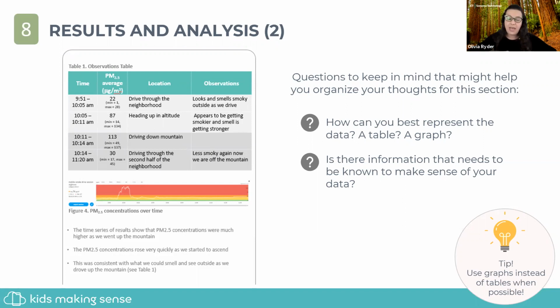You can see what the y-axis is, you can see what the x-axis is, and you can immediately see data trends or how the data is behaving. Whereas if you look at a table, sometimes it takes you a longer time to digest the information and figure it out. So one tip is, if they're having a hard time deciding between the two, sometimes it's best to err on the side of using a graph instead.